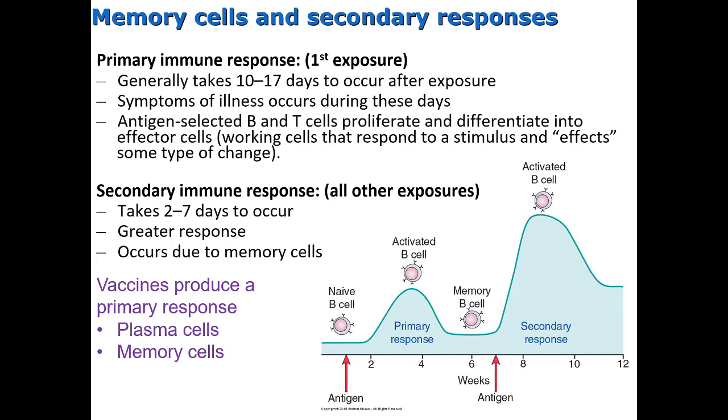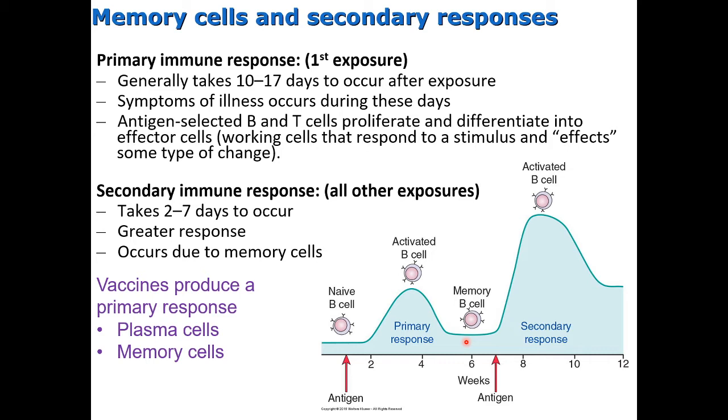The memory phase, or the secondary response, happens much more quickly because the memory cells are in the lymphatic tissue and they can more rapidly respond to future invasions.